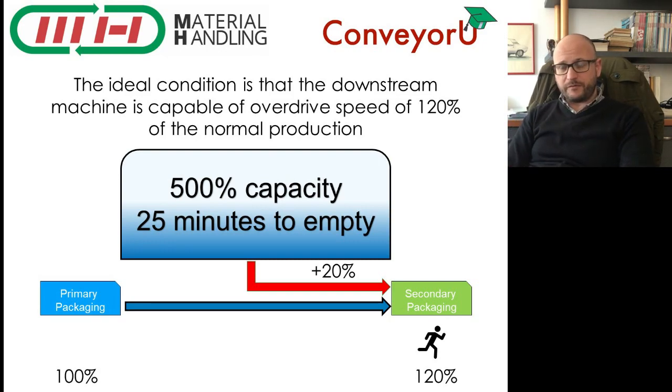So this means that the buffer will get empty in about 25 minutes. Okay, this is the typical situation, and it is the one that we really push to achieve 100% efficiency of the line when using a buffer to handle idle stops.